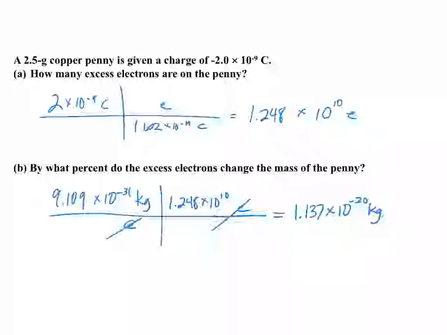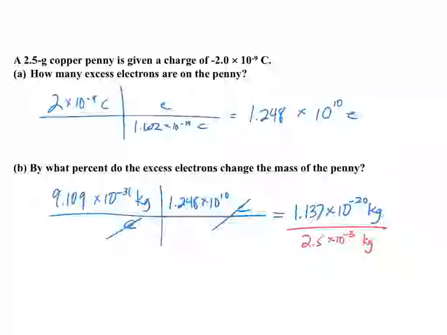All right. So what percentage do the excess electrons change the mass of the penny? Well, now I'm just going to divide that by the mass of the penny, which is 2.5 times 10 to the minus 3 kilograms.